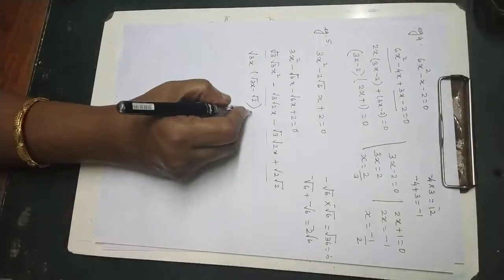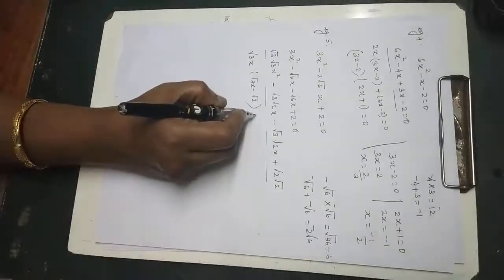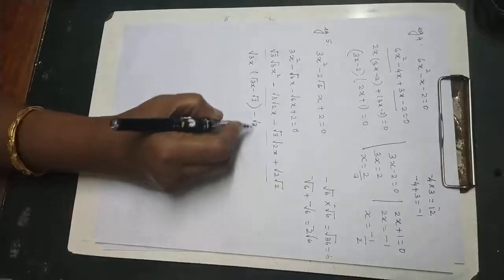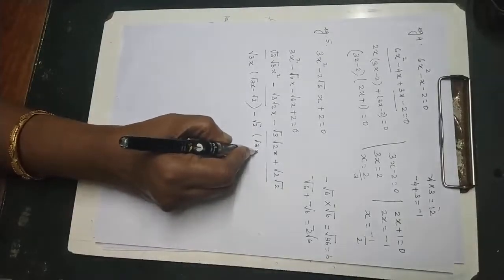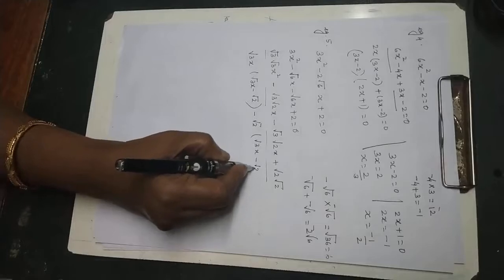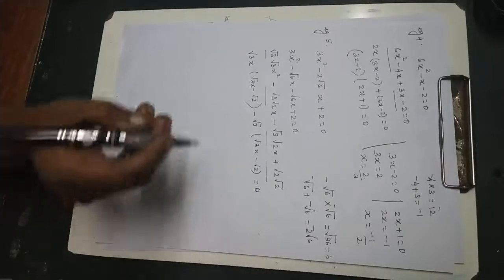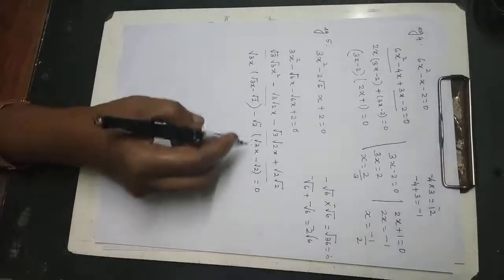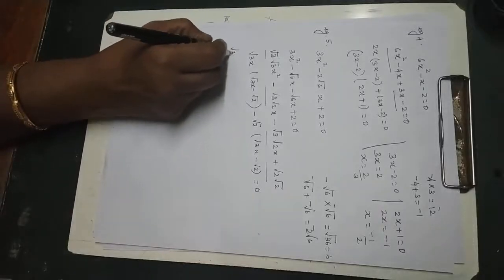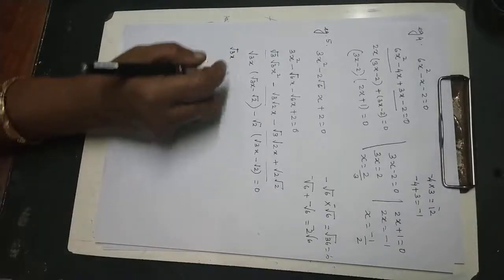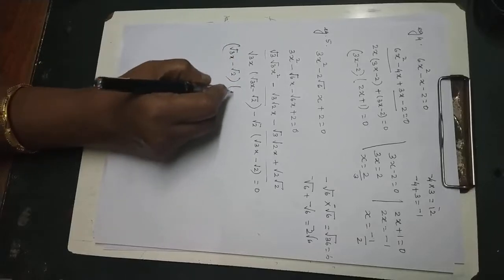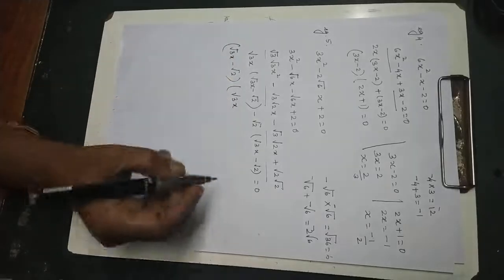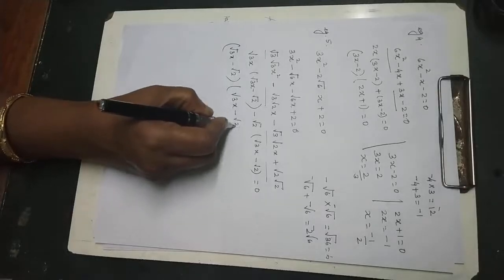Here negative root 2 is common there, so root 3 x minus root 2. So again root 3 x minus root 2 is common, with root 3 x and root 2.